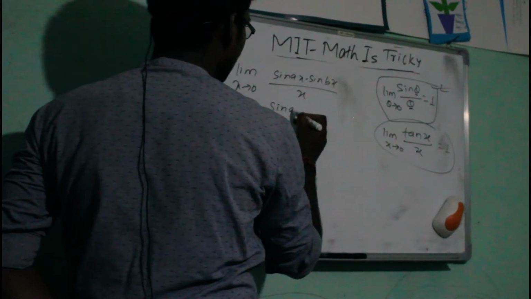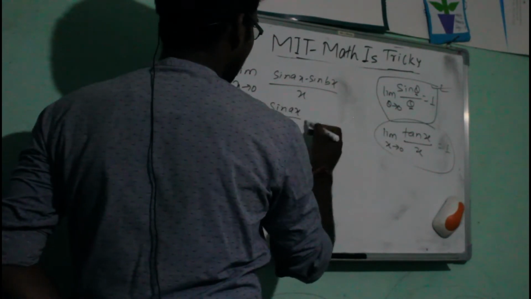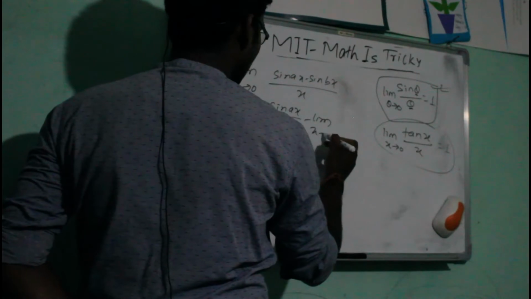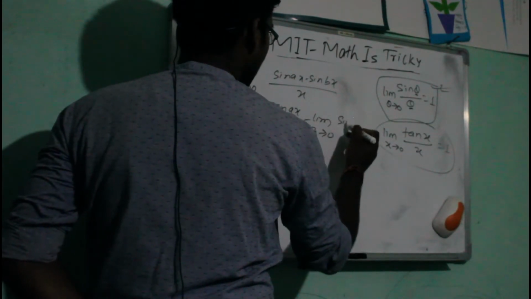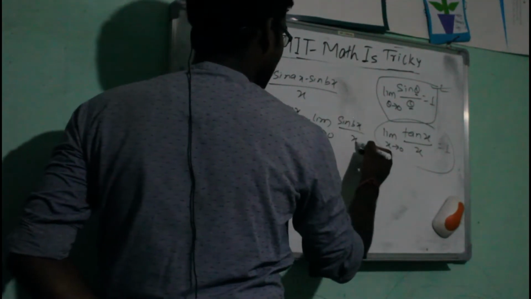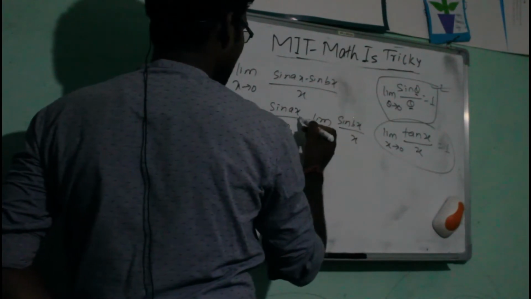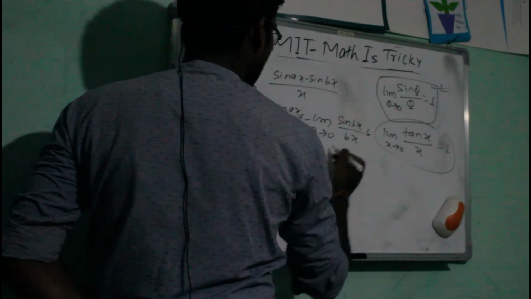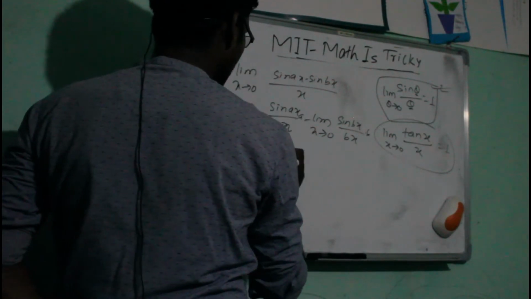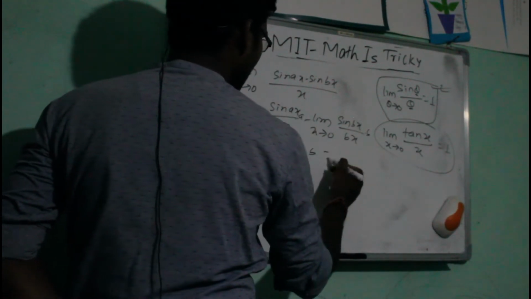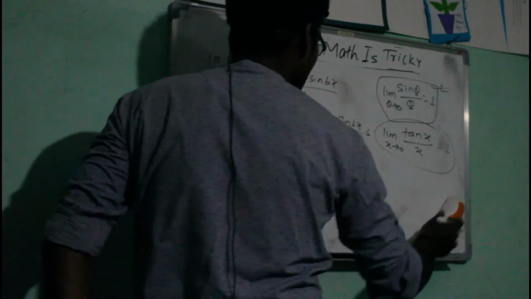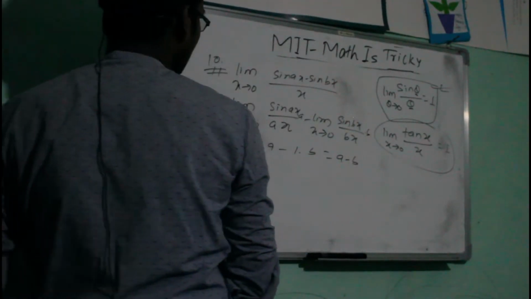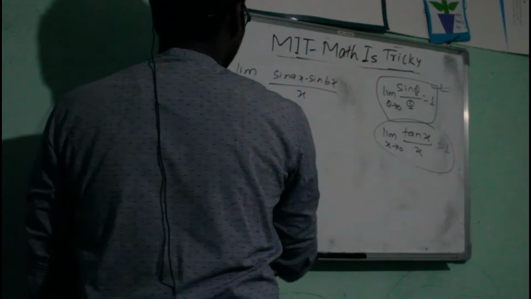Just separate them: limit x tends to 0 of sin ax by x minus limit x tends to 0 of sine bx by x. Now let's balance this so that we can use the formula, a into 1 and b into 1, so it will be 1 into a minus 1 into b. The answer is a minus b. Also we can use the c minus d formula to get the answer for this type of problem.